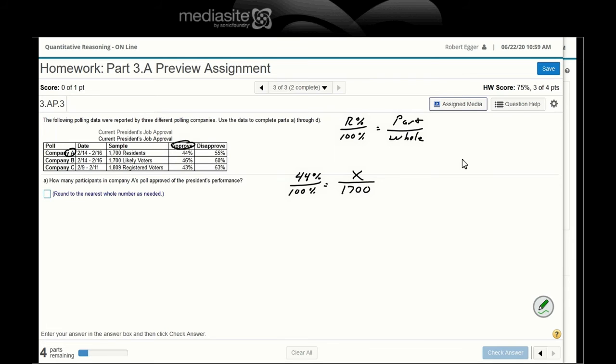And to solve, looks like 1,700 times 44 over 100. Again, we multiply cross product and divide the vertical. So what does that give us? Calculator, 1700 times 44 divided by 100. 748.